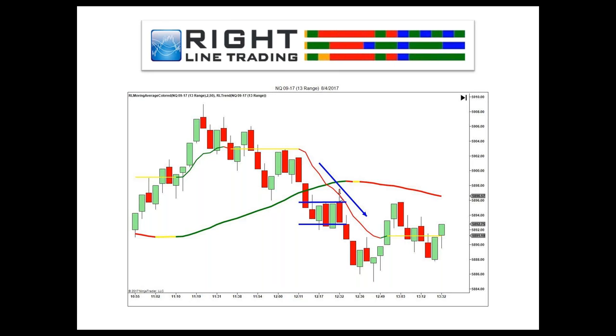So when the slope of the 15 is flat or flattening, then you're going to have a problem with your trade. But when you have this kind of price action, and the modified 15 just continues down hard, you've got yourself the opportunity for a nice trade.